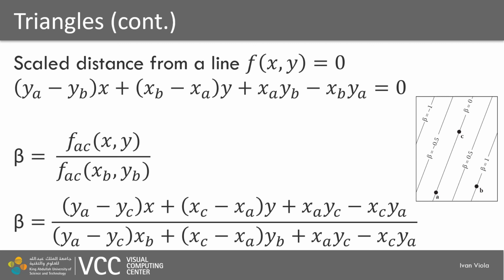Now let's have a look at this representation once again. Imagine that one of these vectors, let's say the vector AC, is defined through an implicit formula of a line, as we have described here.